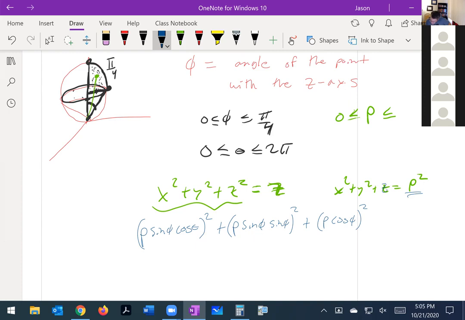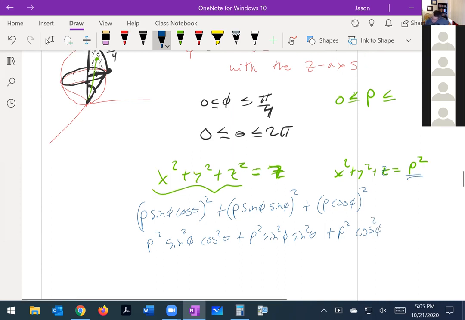So this becomes rho squared sine squared phi cosine squared theta plus rho squared sine squared phi sine squared theta plus rho squared cosine squared phi.